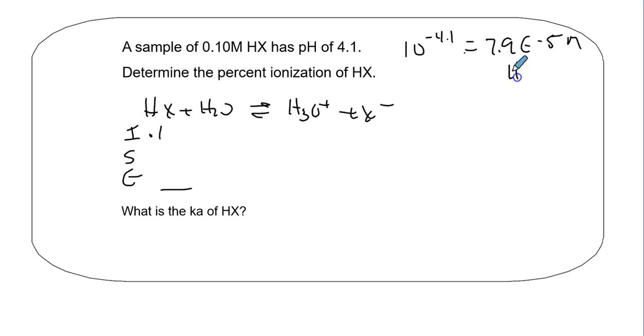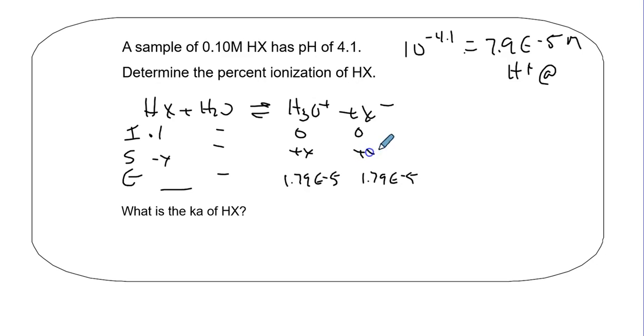And that represents the H plus ion concentration at equilibrium. That's here, 1.79 e to the negative fifth. And of course, this is also 1.79 e to the negative fifth. The initial is not playing a role: 0, 0, minus x, plus x, plus x.